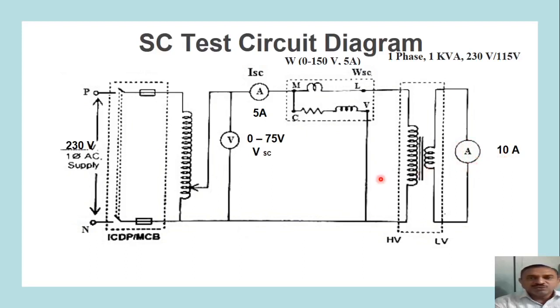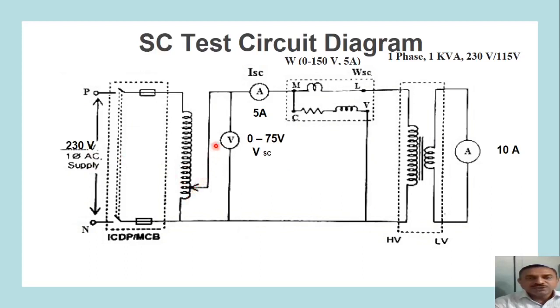Once these two conditions are fulfilled, the third is to know the multiplying factor of the wattmeter for the given voltage and current range, which we require to multiply the reading of the wattmeter. After that, on the supply system, gradually increase the voltage by varying the knob provided on the auto transformer.